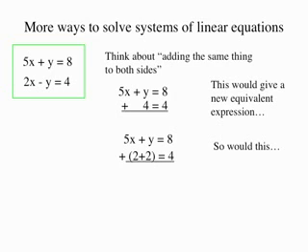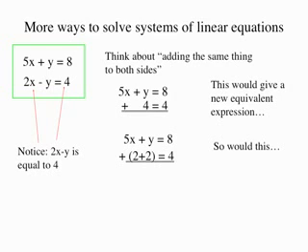Now you might ask yourself, that looks like a really weird way to add 4 to both sides. Why the heck would you do that? Well, here's where we're going with this. I can take the first equation, 5x plus y, and I can add 4 to both sides of it. Notice the second equation tells us that the expression 2x minus y is equal to 4.